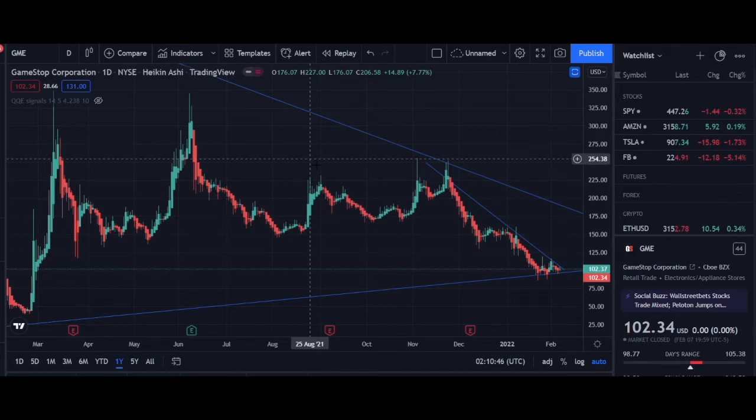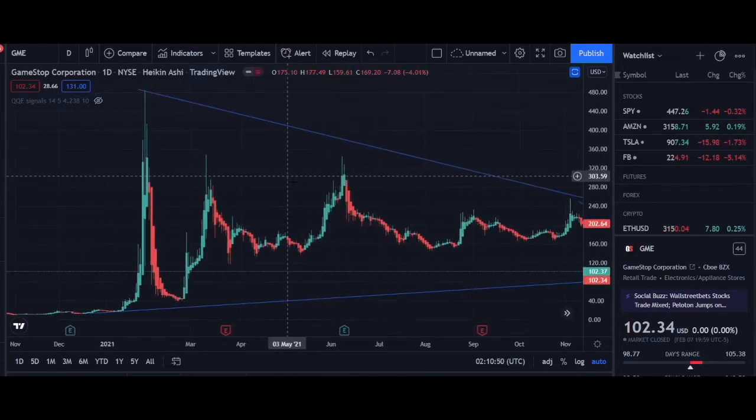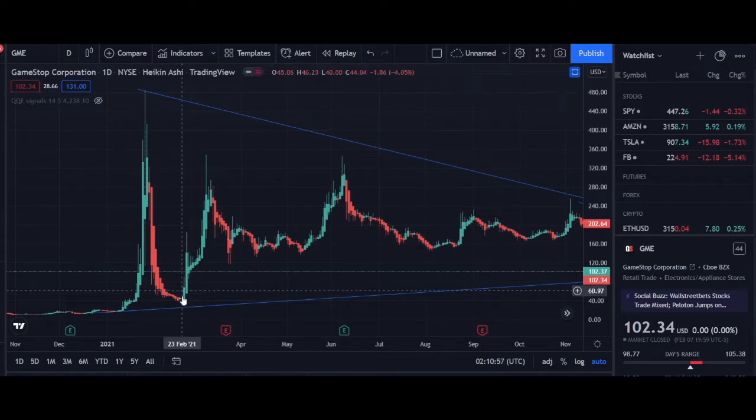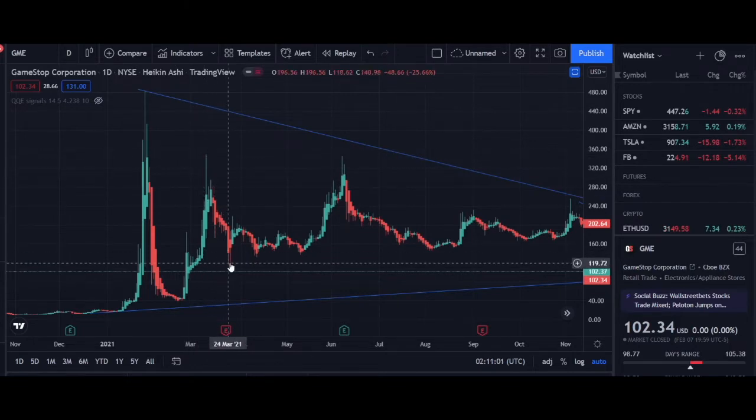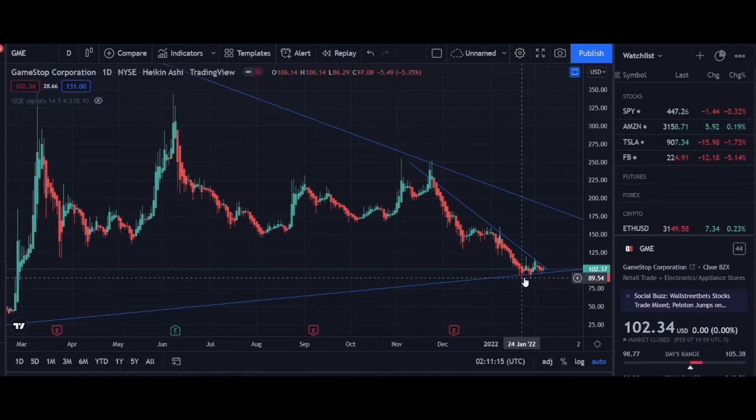Alright, what you're looking at right here is the 1-year chart for GME. This was the original sneeze, as we call it, to 480. We went down to 40, up to 350, down to a low of 120, up to 350 again, down to 150, up to 220, down to 167, up to 250, and here we are marking a low of just about 85.